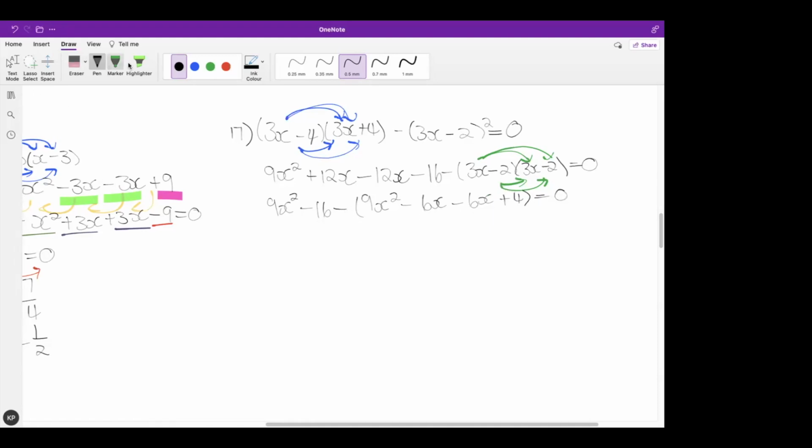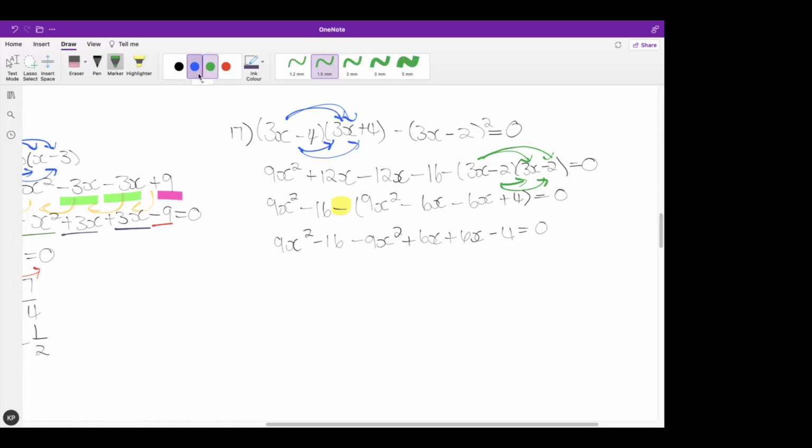Now this negative, what is this negative outside the bracket going to do? What's that negative going to do? It's going to change all the signs inside. So then I have a minus 9x squared plus 6x plus another 6x minus 4 equals 0.